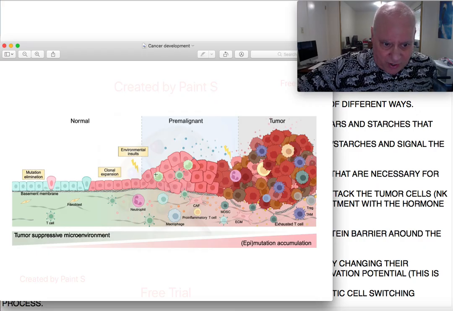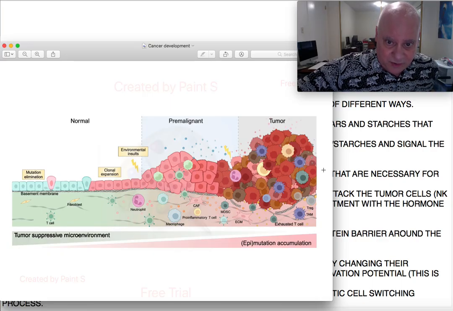But again, it took a while to get there, and cells had to go through a number of mutational changes and a number of regulatory changes as well before we took our normal cell and got it all the way to a ball of cancerous cells, which are traveling around the body and reproducing inappropriately in other organs.